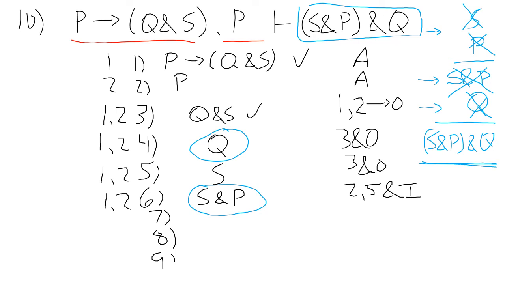So we'll write S and P in parentheses, because it has to be only one main operator at a time, and Q. We're getting the S and P from line 6. We're getting the Q from line 4. What are we doing? Well, we are introducing an ampersand again between these two lines. So we're going to write ampersand introduction.